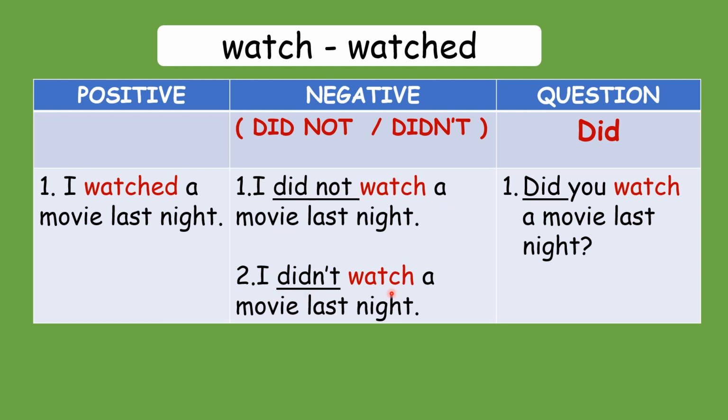I didn't watch a movie last night. So you can either use did not or didn't. And remember, you have to use the original verb. And for question, you can use did. Did you watch a movie last night? So in the question, you have to use also the original verb, which is watch.